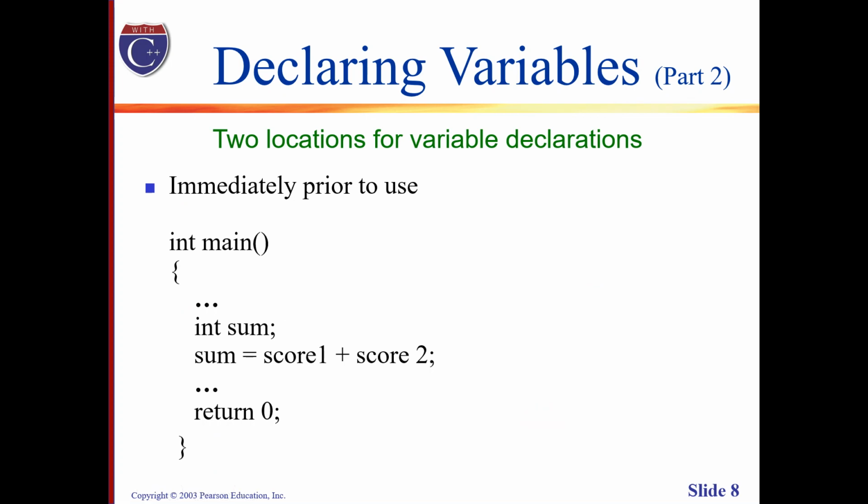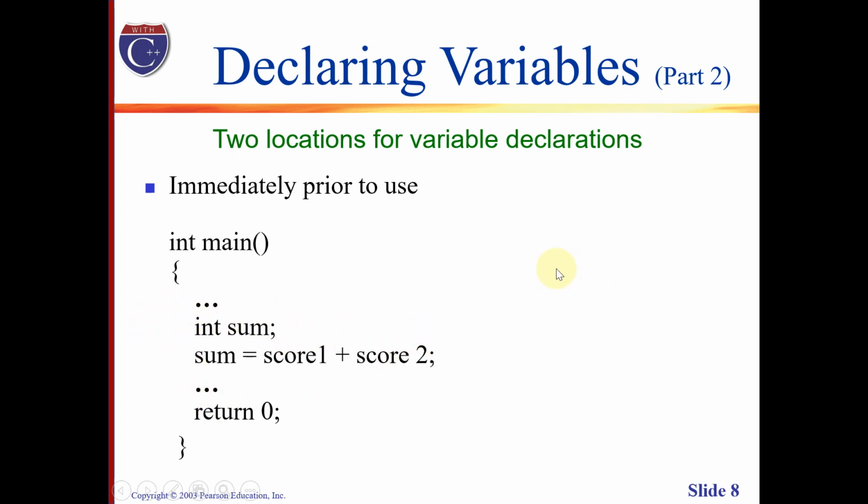There are also different ways to declare variables in terms of their location. For instance, we can declare a variable prior to use. For example, in this program, we are going to use the variable somewhere in the middle. Hence, right before we use our variable, we declare it before its actual use, just like this one.